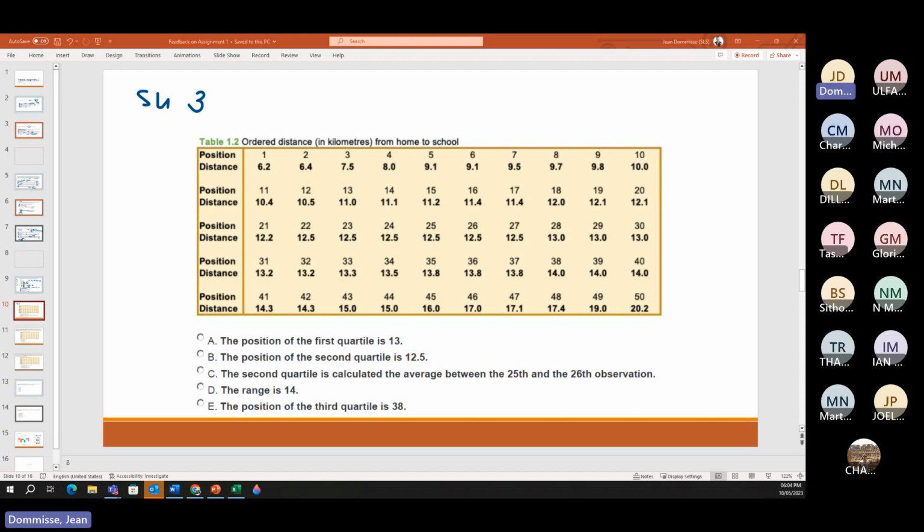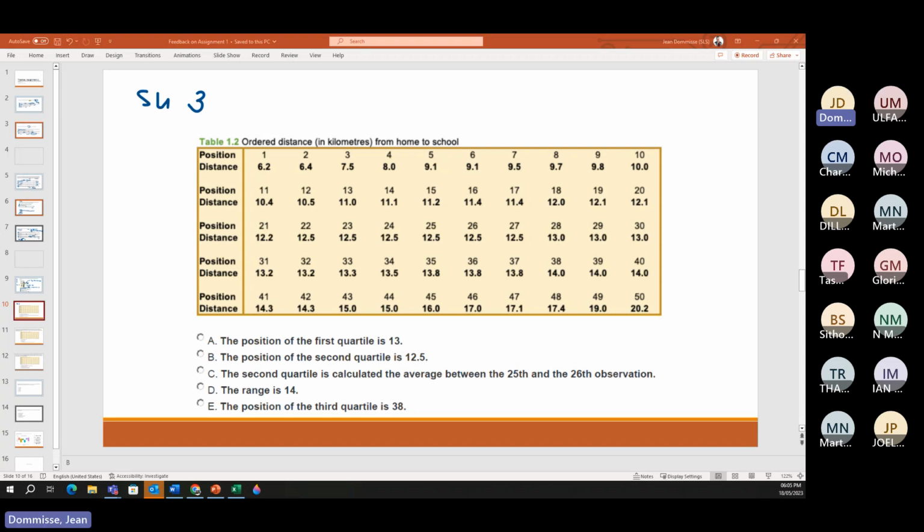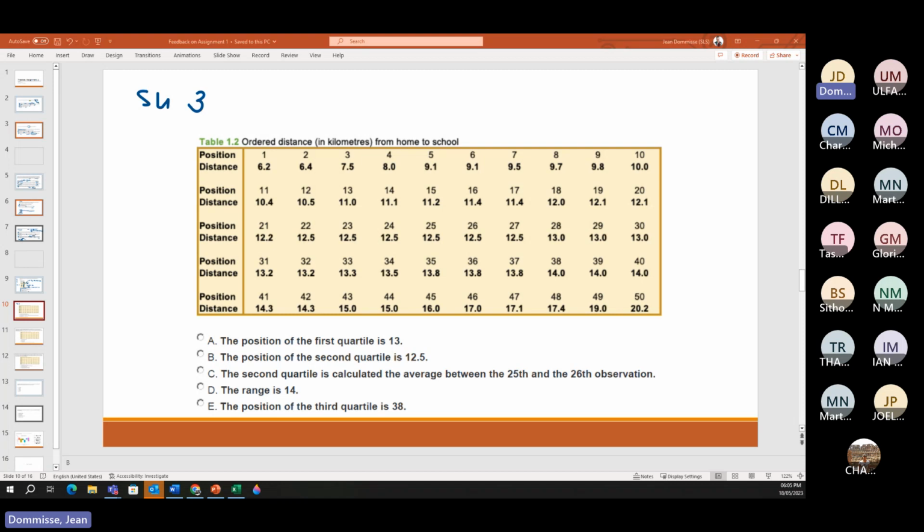If you have this set of data, they will give you enough information that you don't need to calculate it with your calculator, so you don't need to worry too much about that.